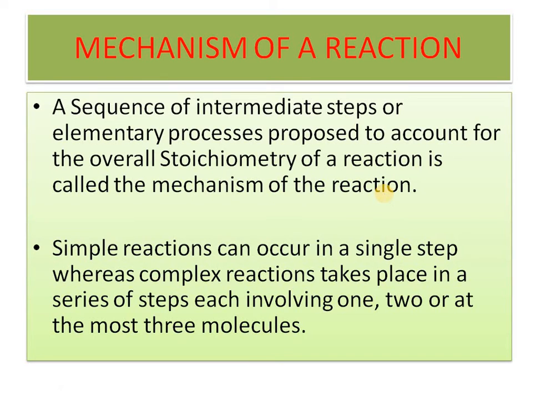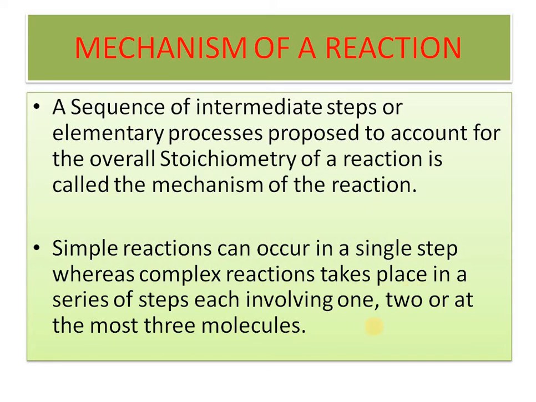So mechanism means how reactants are converted to products: which intermediates are formed and which steps are followed, a sequence of steps. For example, if a complex or non-elementary reaction is there, it will have a number of steps. In each step we will see which step is the slowest step, and our rate will depend on the slowest step.